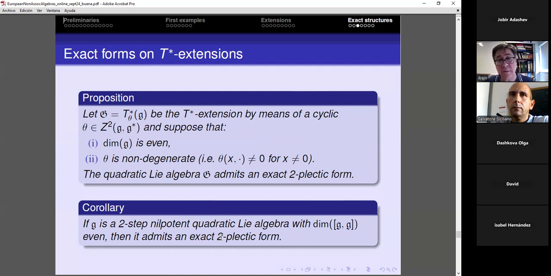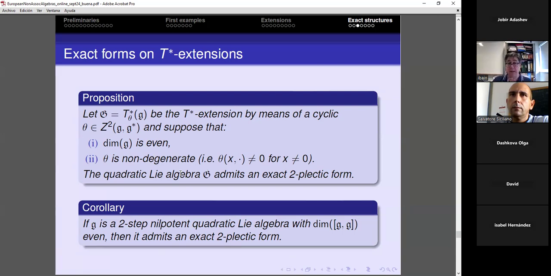And the first example was this proposition, which tells us that the T-extension by the cyclic cocycle theta, in which the dimension of the small dimensional Lie algebra g is even, so our capital G is actually 4n dimensional, right? And one has that theta is not degenerate. Then the quadratic Lie algebra always admits an exact 2-plectic form.